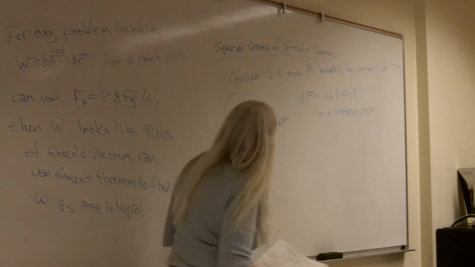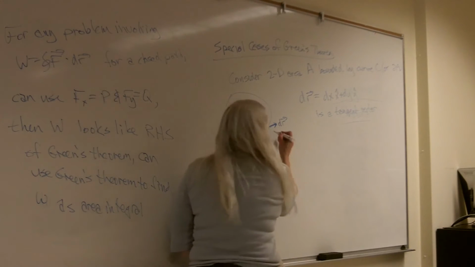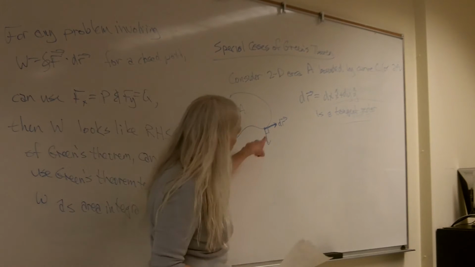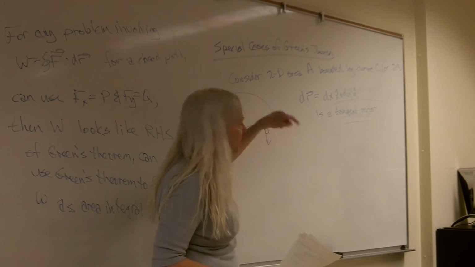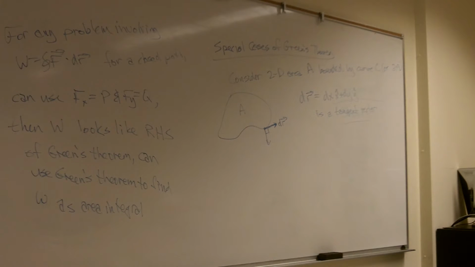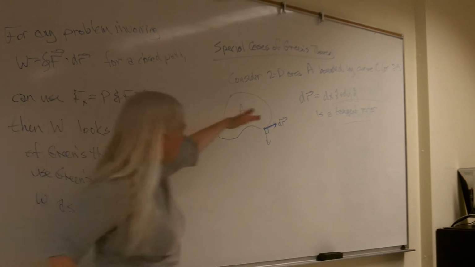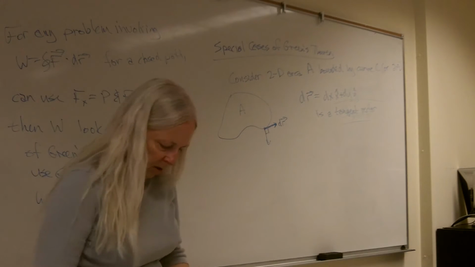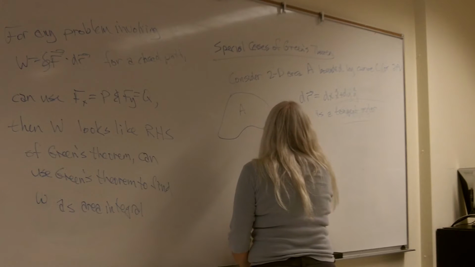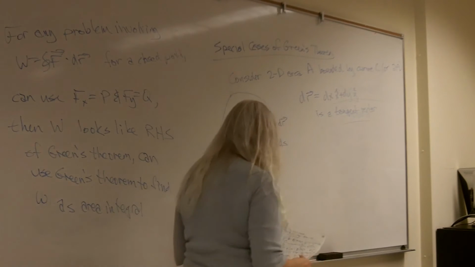Let's also define another vector at this point right here. This vector will be at right angles to the vector dr. In other words, this vector points perpendicular to the surface, at right angles to a tangent plane to the surface at this point. So let's call that vector n hat ds, to use your book's notation.